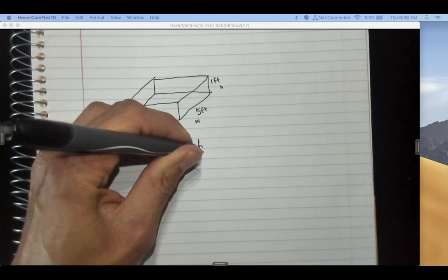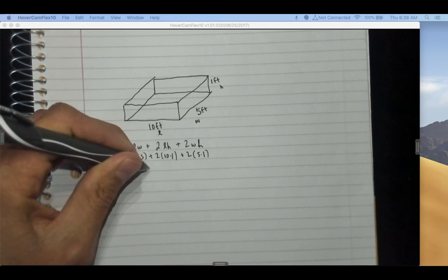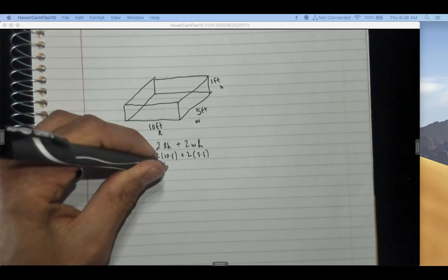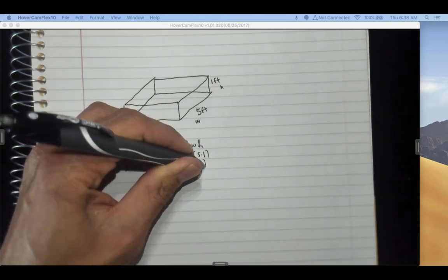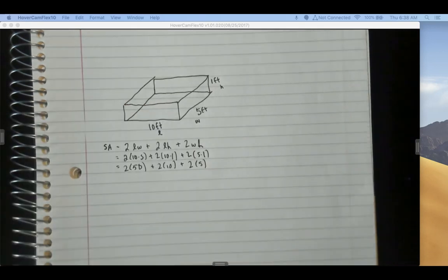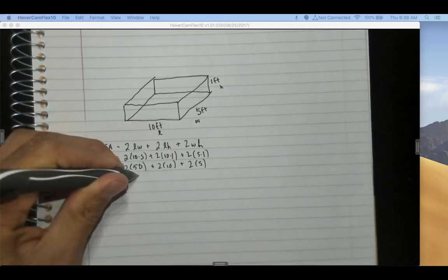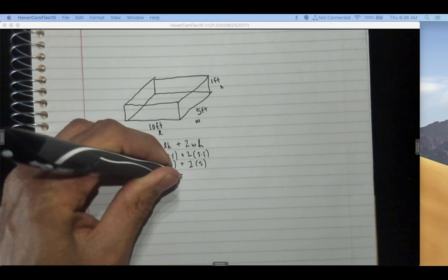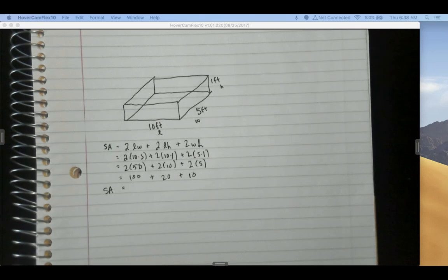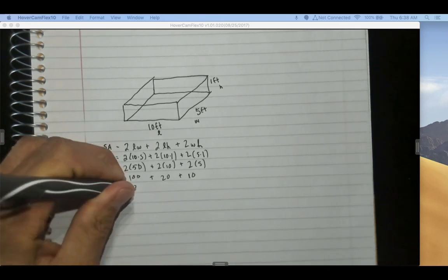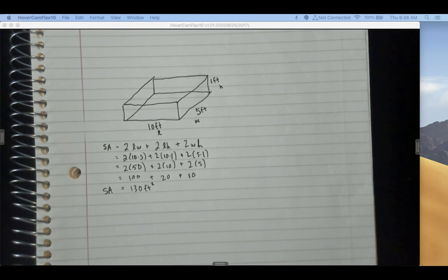And that'd be 2 times 50 plus 2 times 10 plus 2 times 5. Or 100 plus 20 plus 10. I add those up, and my surface area for this first one is going to be 130 feet squared. And it's squared because it's area. Okay? So that is number 1.